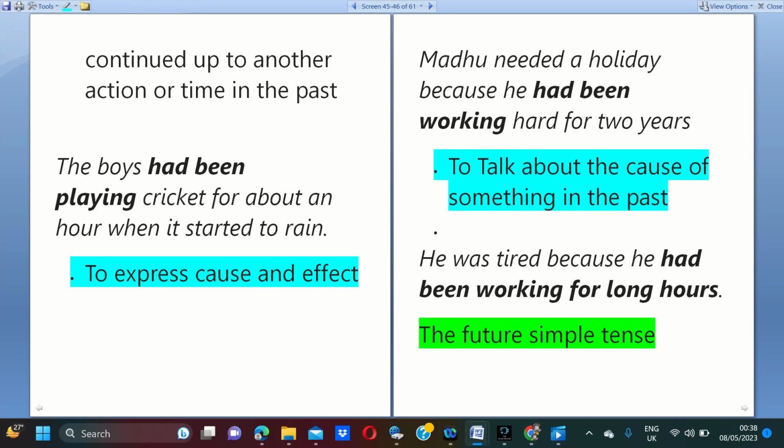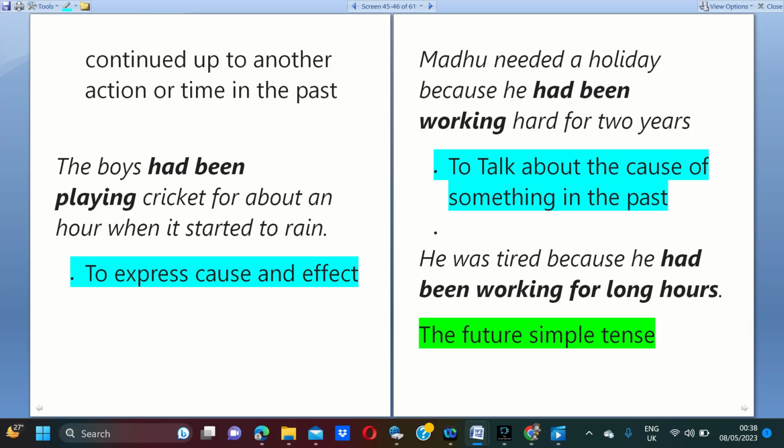What is the cause here? He had been working hard for 2 years.